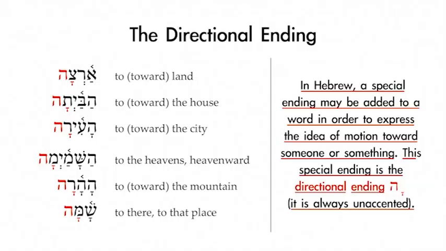Now you may not figure out that it's unaccented as you're looking at it initially in the Bible, but you'll know it's those words that deal with direction and location, like land or house or city or heaven or mountain or place. Those words which have a point of direction in them will appear with these endings and indicate direction to or toward that item.